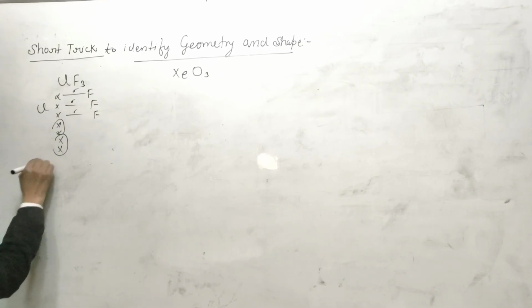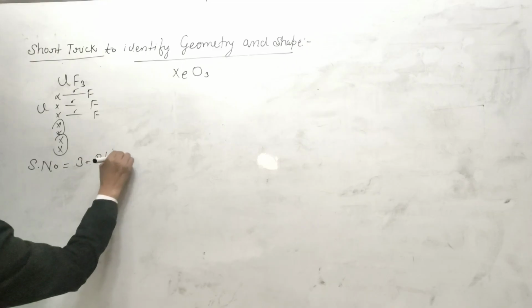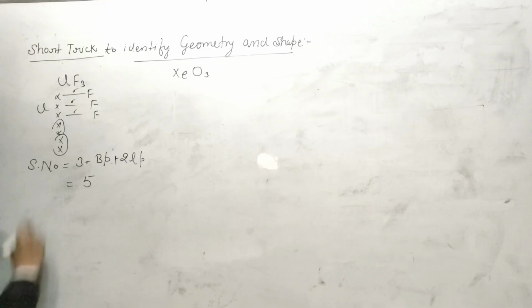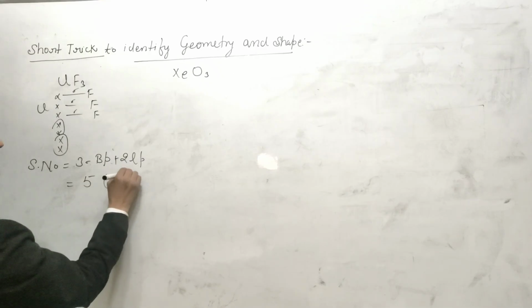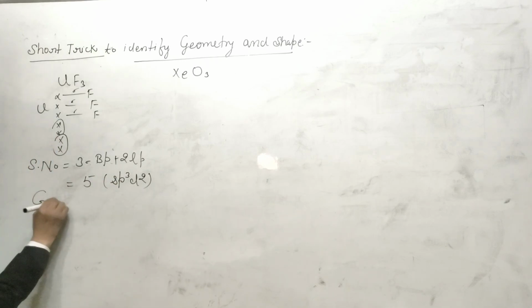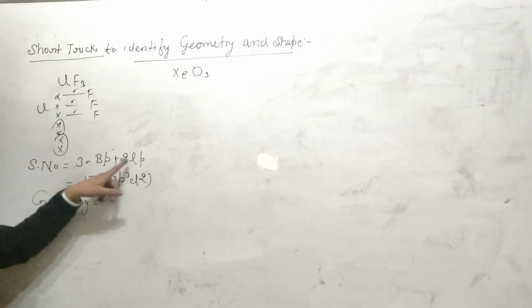So the steric number will be 3 sigma bond pairs plus 2 lone pairs, so the steric number is equal to 5. So 5 means sp3d hybridization, and for geometry, consider sigma bonds plus lone pairs.